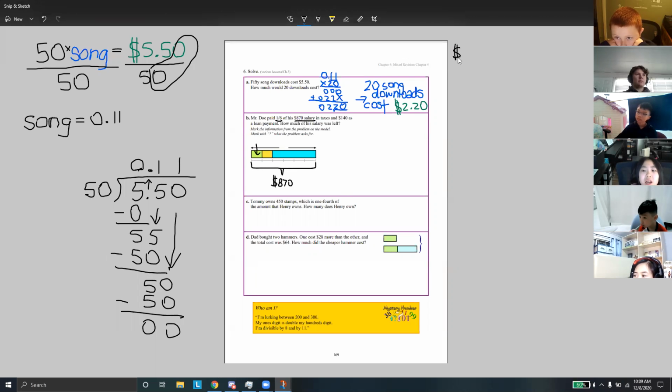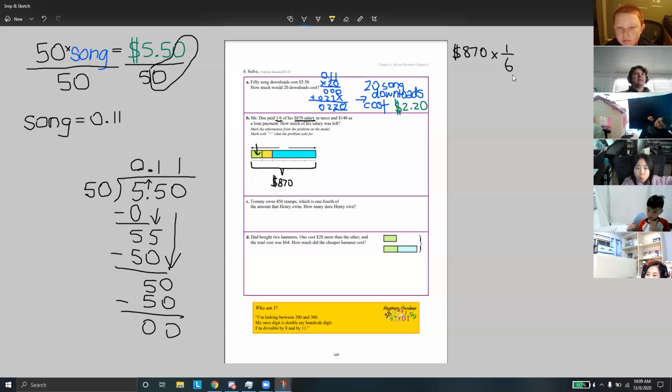Times 1 divided by 6. Yeah, that's what it means. Another thing it means is split it into 6 equal parts and you get 1. The reason this math works is because we're dividing 870 into 6 equal parts, 870 divided by 6, and then we multiply it by 1. You only get 1 part.